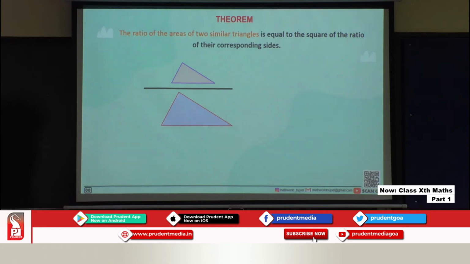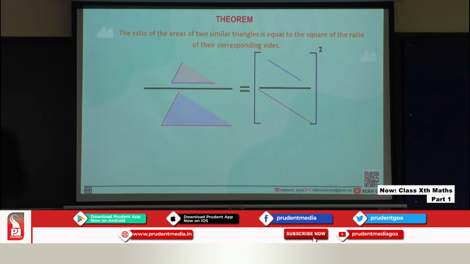It is equal to the ratio of their corresponding sides. So my ratio would be something like this. Is it just equal to the ratio of their corresponding sides? No, it is equal to the square of that ratio. So all I have to do is square this.